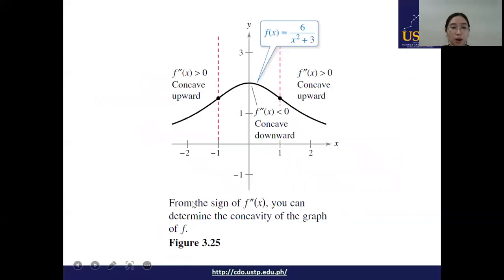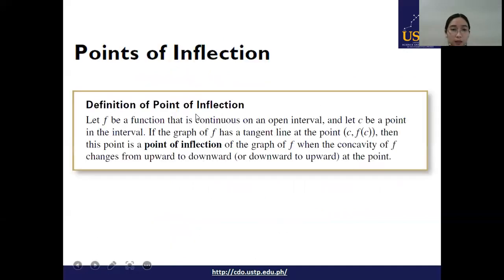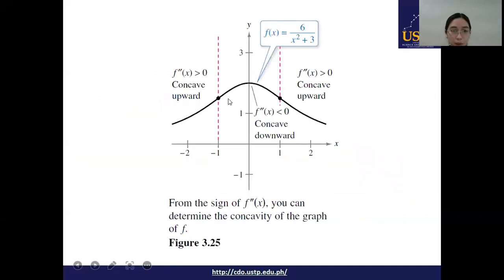Okay? So for the function f of x is equal to 6 over x squared plus 3, the interval from negative 1 to positive 1. Using our second derivative test, we see that it is greater than 0, so the concavity is upward.